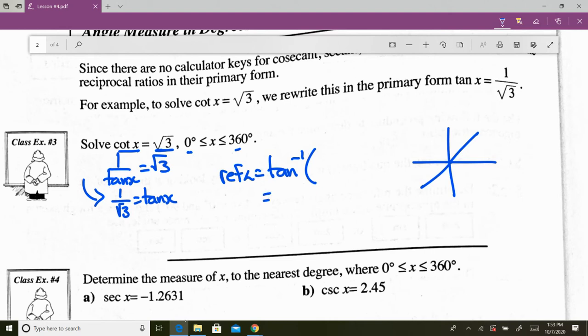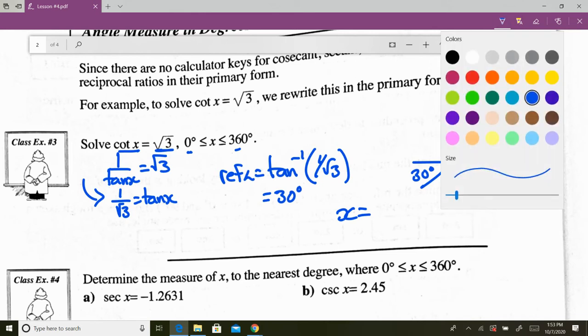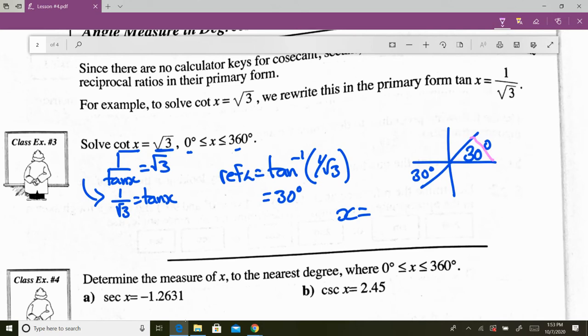What is it? Oh, it's 1 over root 3. It's 30 degrees, right? So that's 30. That's 30. So what does x equal? My rotation angle. The first one is 30. And then to keep going all the way to there is 210 degrees.